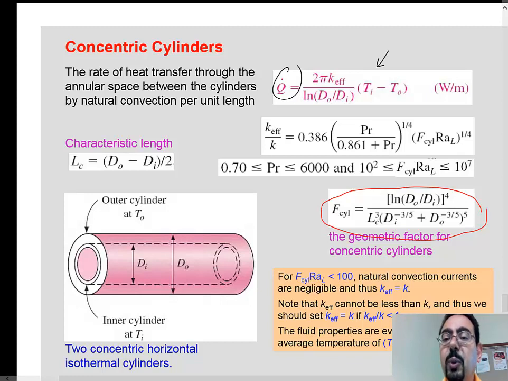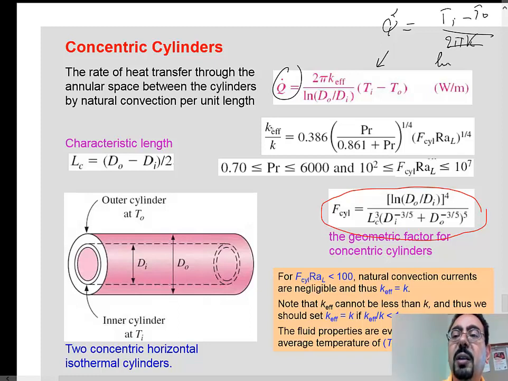Just like when we did the conduction, we had Ti and T out, and we have 2 pi K over ln R2 over R1. Ln R2 over R1 is the same as ln D over D. Remember this equation was Q dot equals Ti minus T out over ln R2 over R1 over 2 pi K. And this was the conduction of the cylinder, this cylinder filled with a fluid.